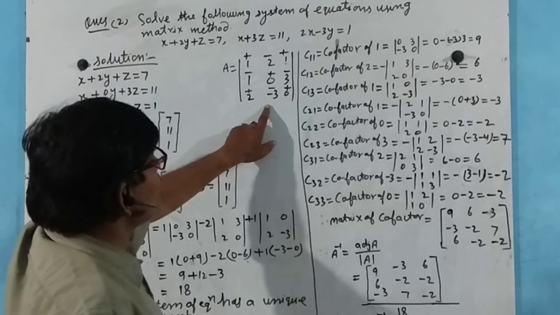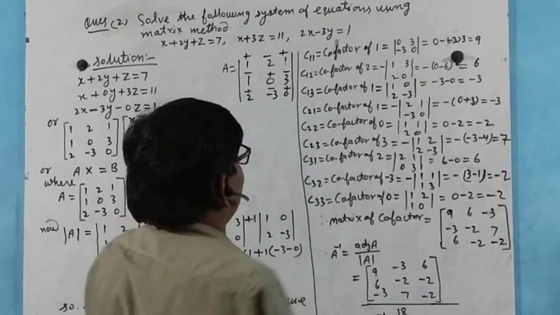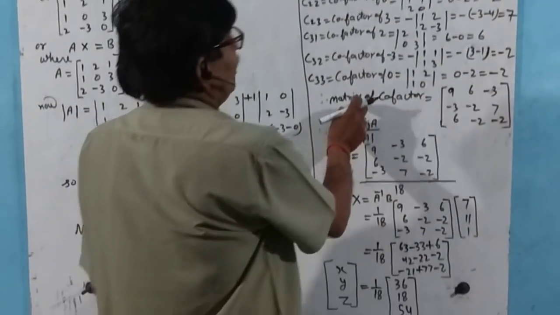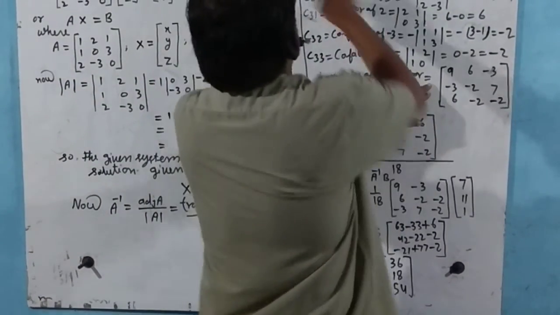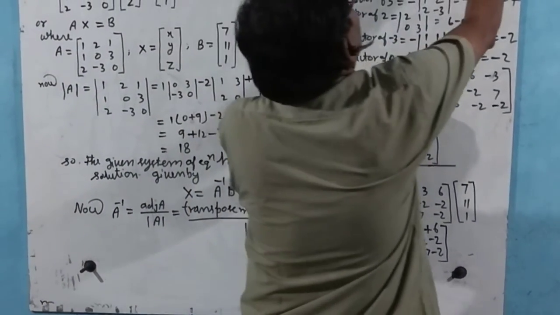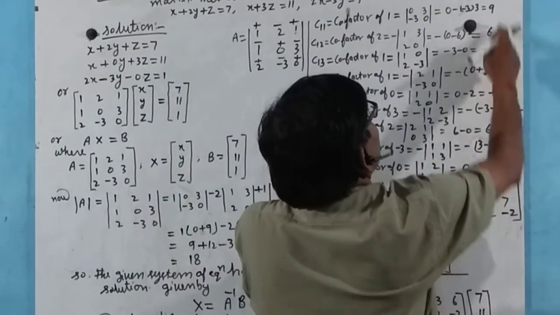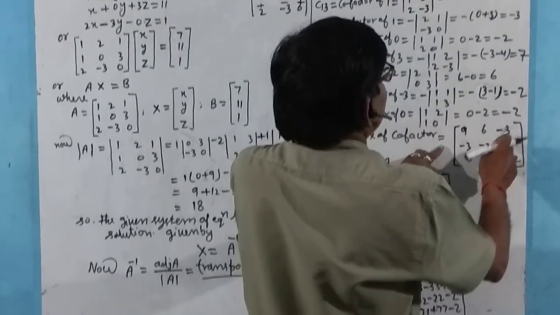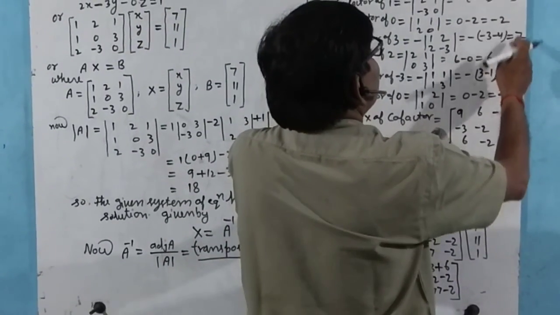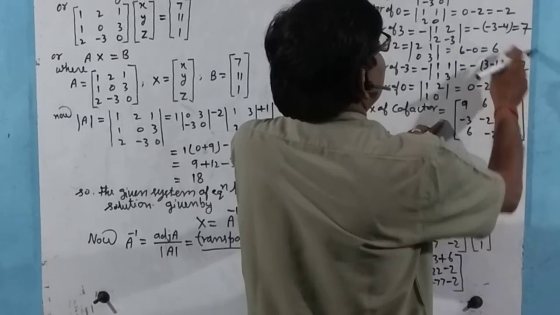Similarly, we calculate the cofactor of each remaining element. Now the matrix of cofactors is 9 6 minus 3, minus 3 minus 2 7, 6 minus 2 minus 2.